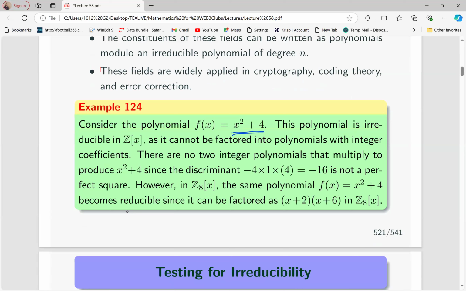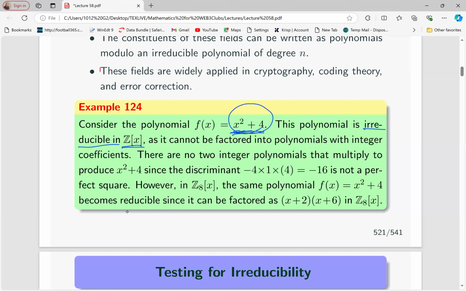If somebody were to tell you to factorize it in the field of integers, you would find that it's not possible. You cannot factorize it in the field of integers. You cannot find two polynomials which, when you multiply them, give you this.